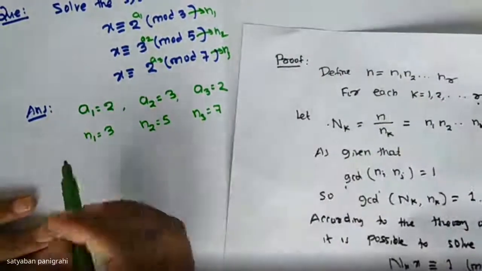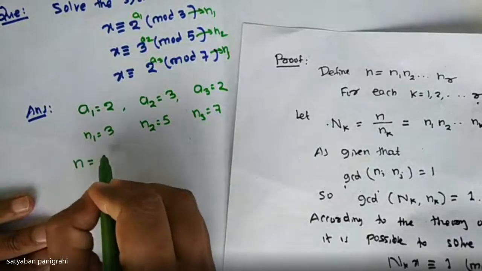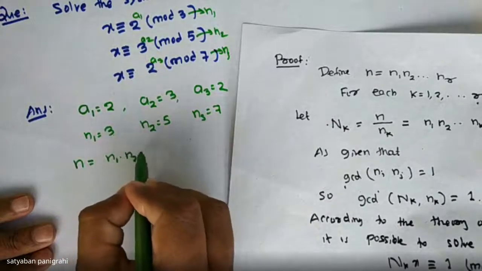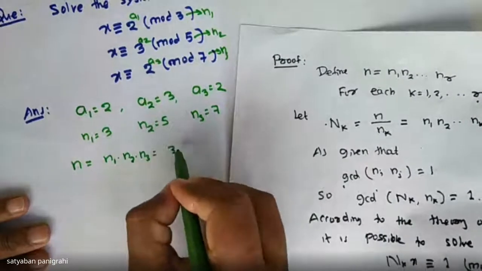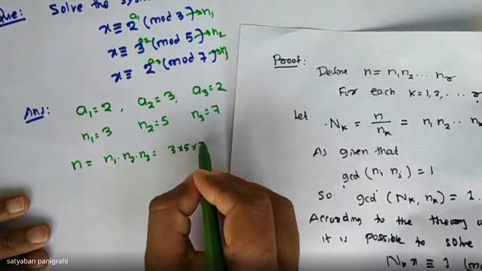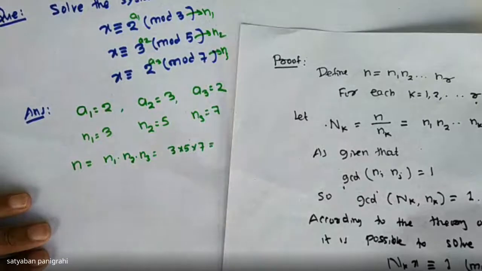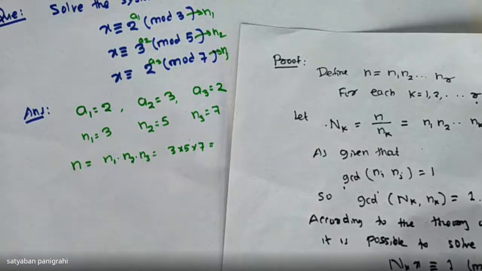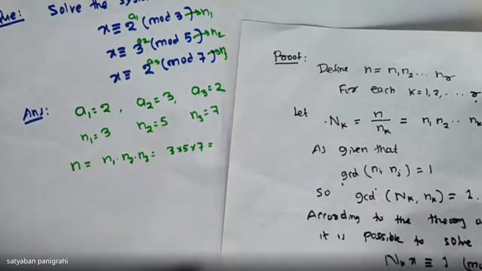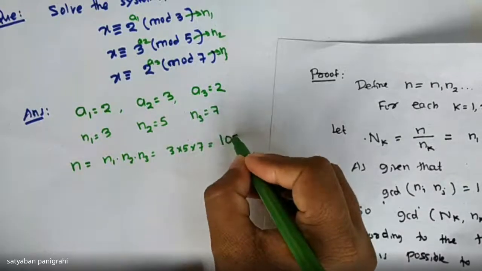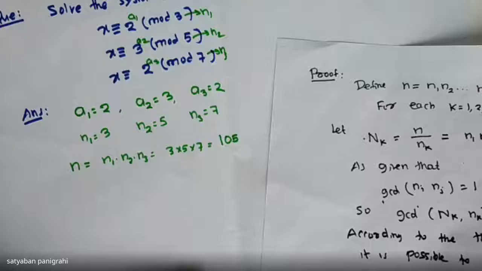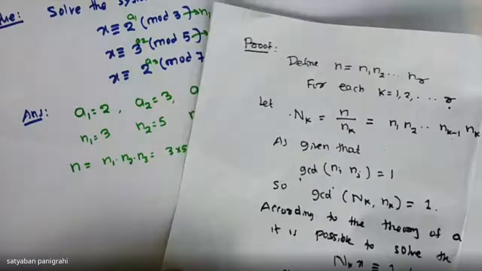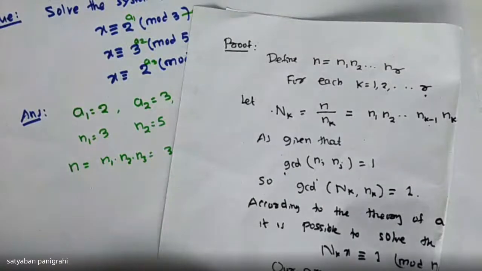So here, what will be our n? n equals n1 into n2 into n3, that is 3 into 5 into 7. How much? 105.